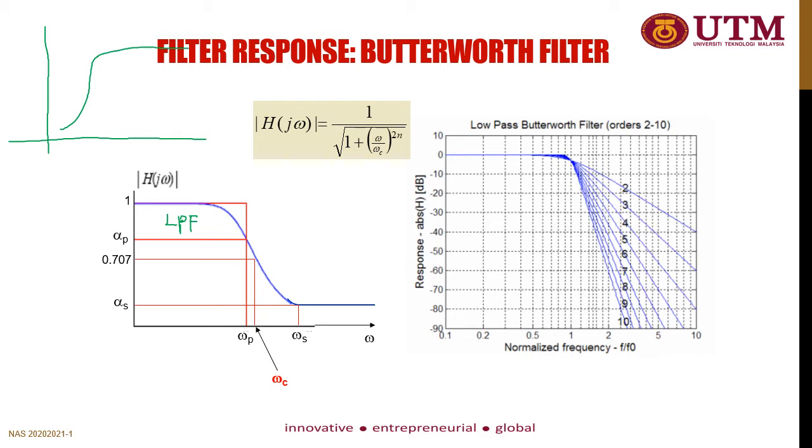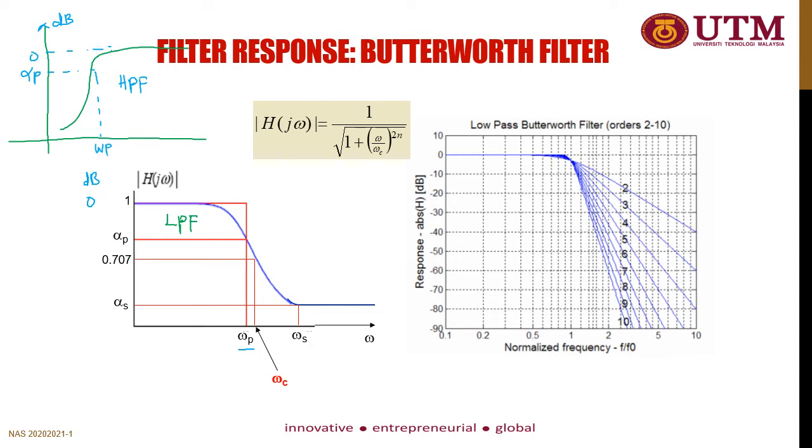Still flat top, and then you have maximum gain of 1 or 0 dB, and then you have the passband gain alpha p, and you have the omega p.